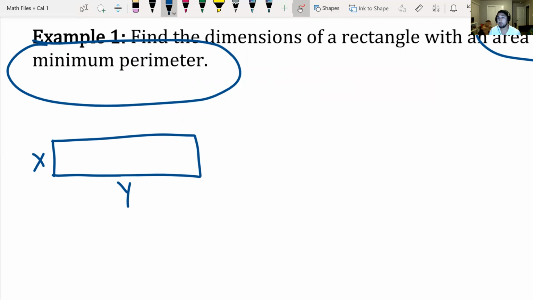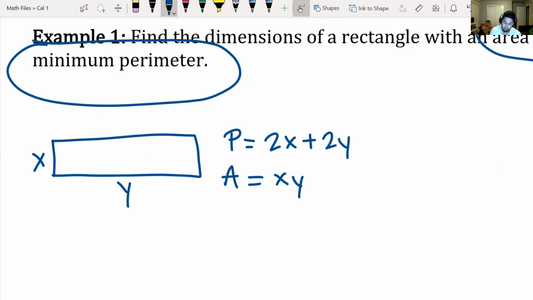And there are some things we know about a rectangle. 1, the perimeter. Perimeter of a rectangle is 2x plus 2y, or 2 length plus 2 width. And then area of a rectangle is given as length times width, x times y.